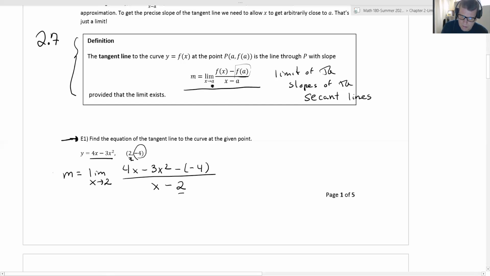And then f of x is just your function. It's this function right here. So this will then be the limit as x approaches 2 of 4x minus 3x squared plus 4, over x minus 2.